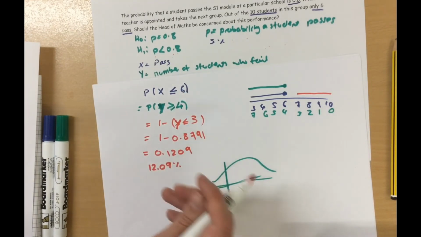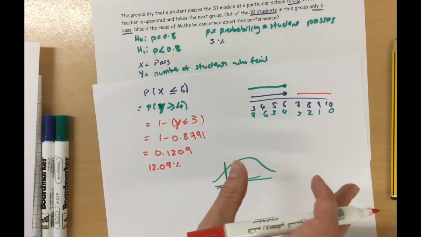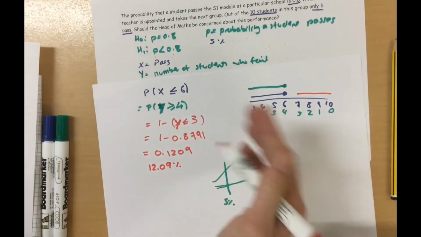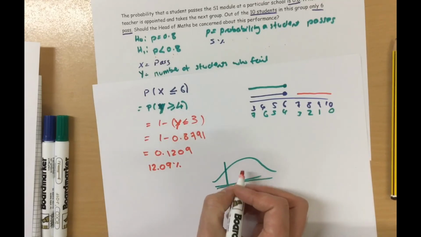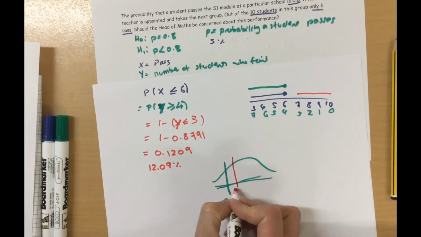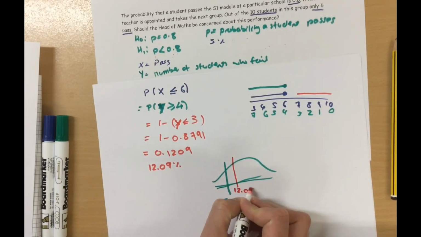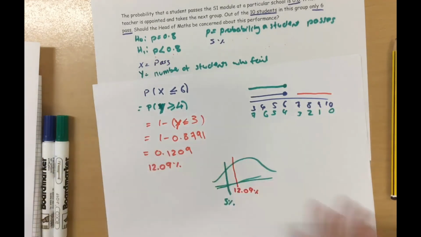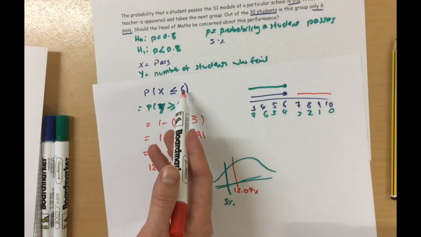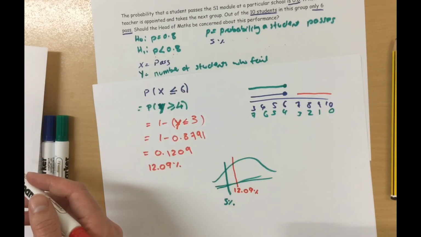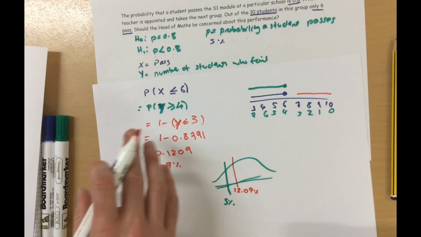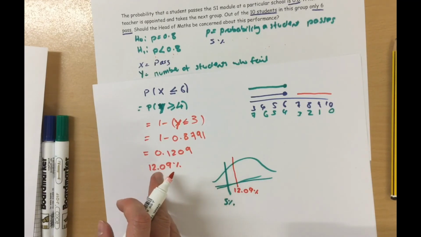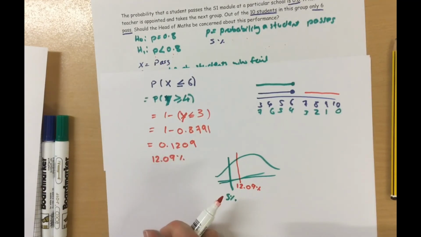We'd worry that this teacher was a bit unusual, needed extra support and help. But because the chance of that happening normally is 12.09%, if you had the old teachers back, there'd still be a 12%-ish chance that only 6 or fewer would pass. We could actually say this teacher isn't particularly out of step with the historic average.